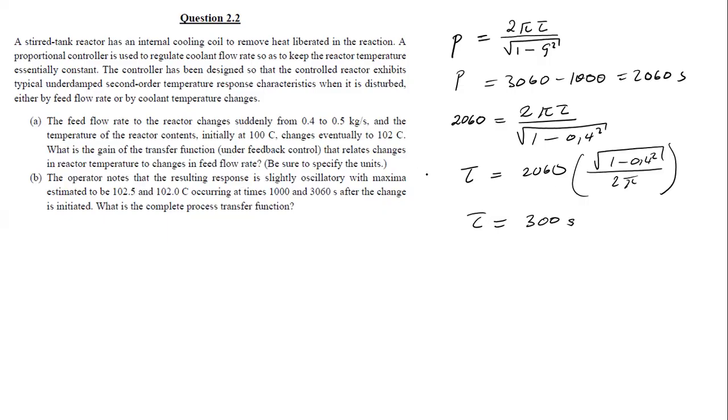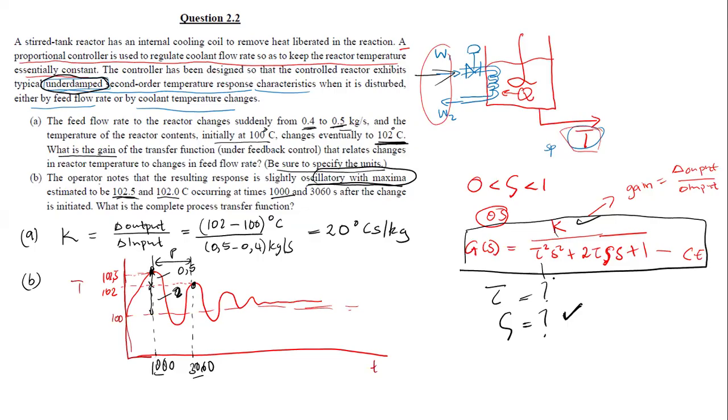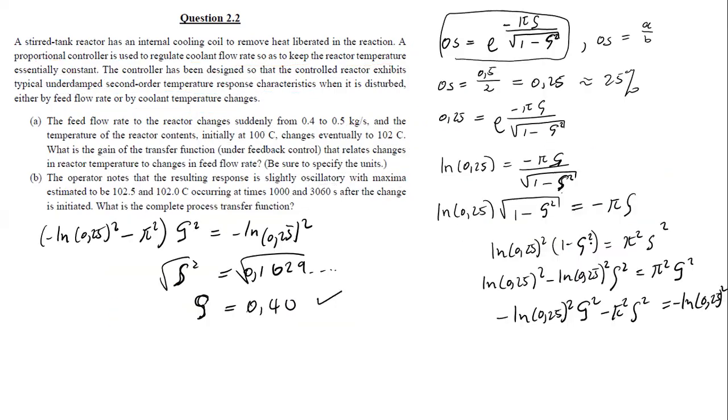And therefore, remember, the aim was to calculate tau, the aim was to calculate the damping factor, the aim was to get the gain so that we can have the transfer function.